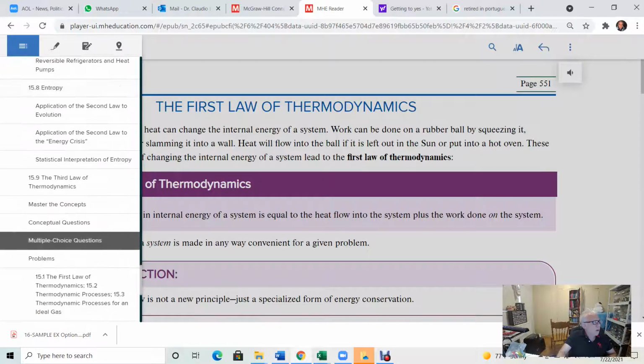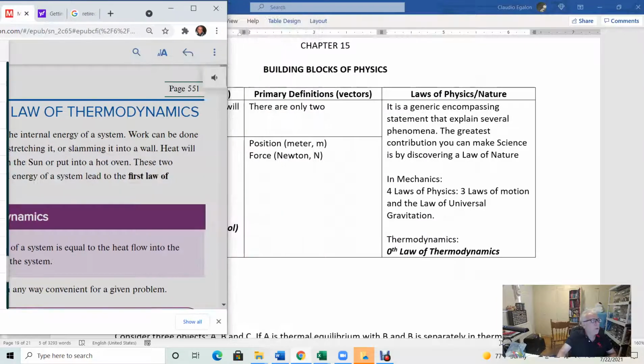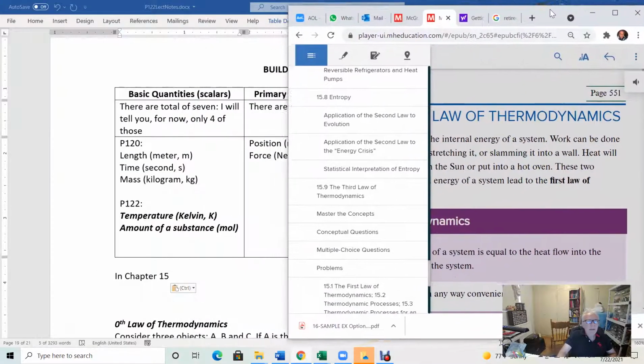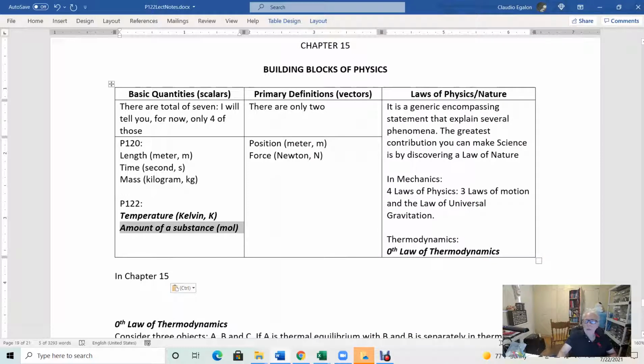4, and 9. I'm going to document here for you. That's the material that you have to worry about in this chapter.